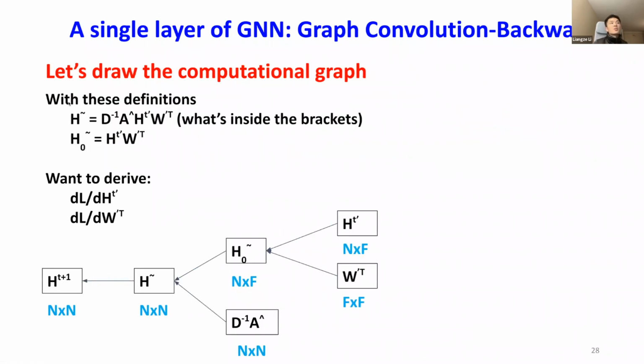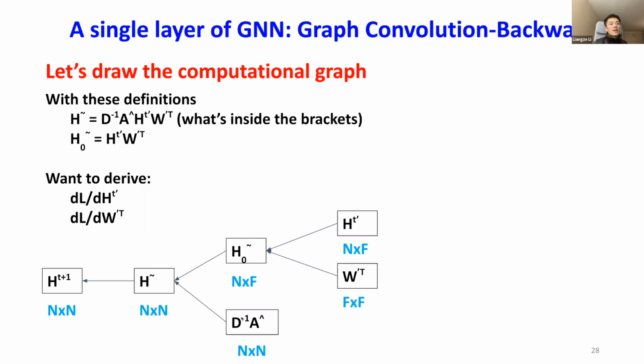Okay, so with these definitions, let's first draw out the computational graph, because that's how you do derivatives, especially with tricky things like matrix multiplication. So this is the computational graph. You have ht prime and w prime transpose. You multiply them together to form the term that we defined manually, which is h0 tilde.